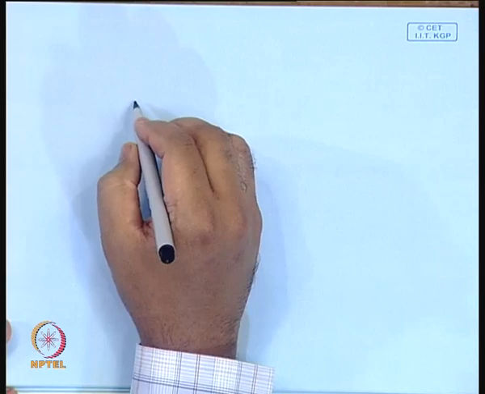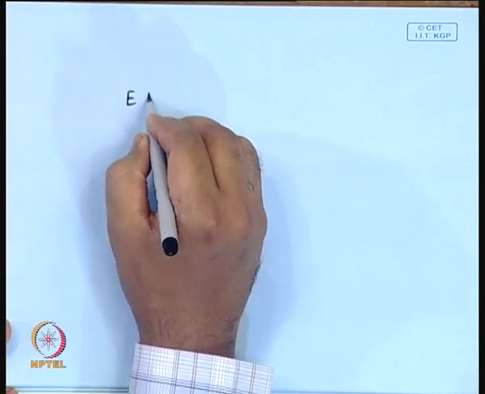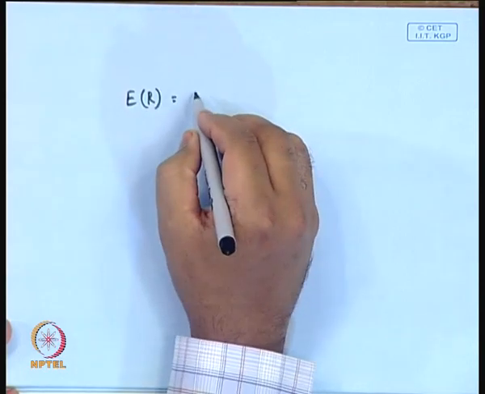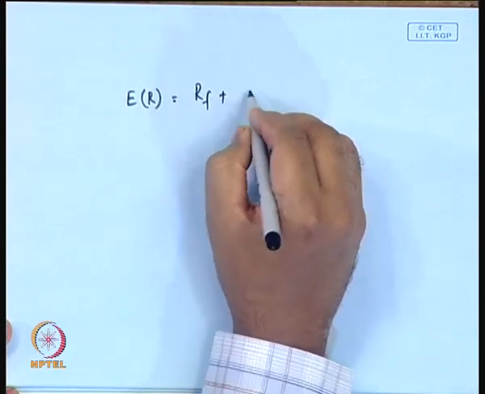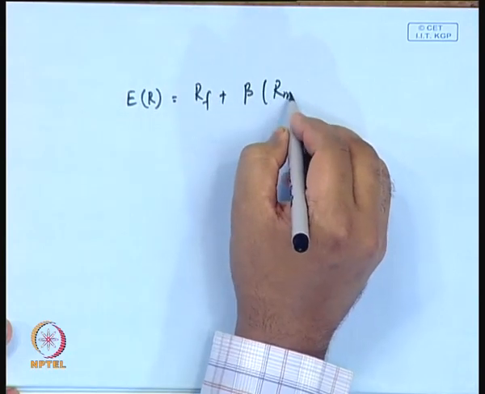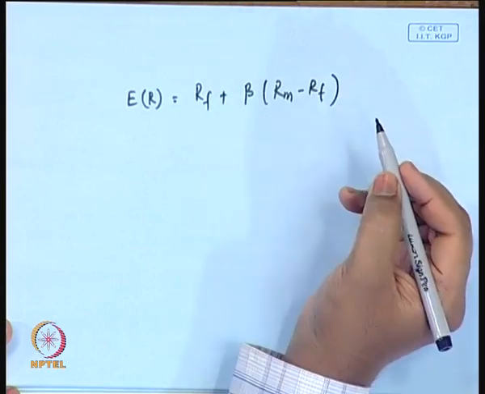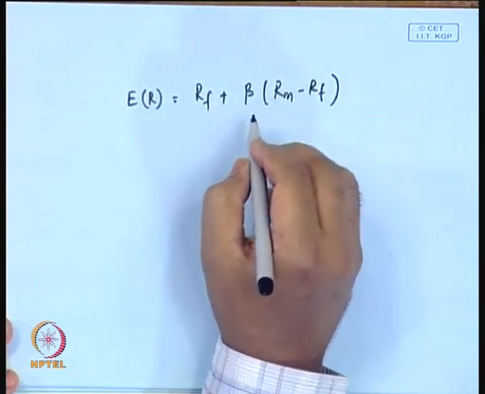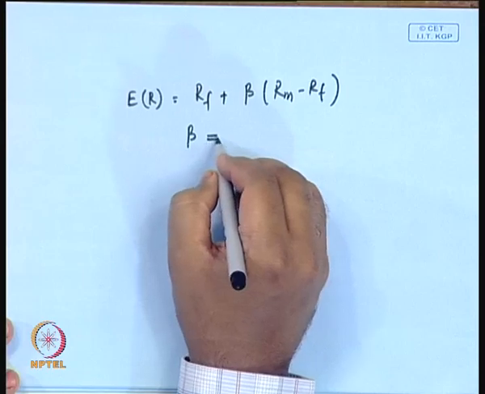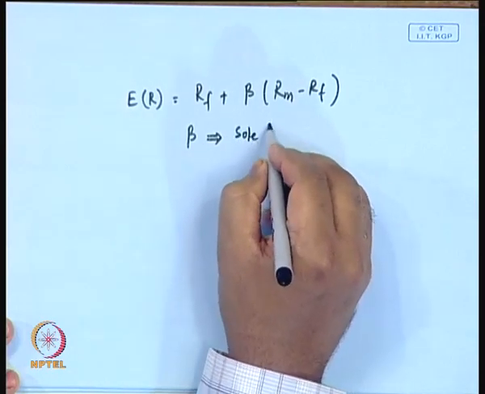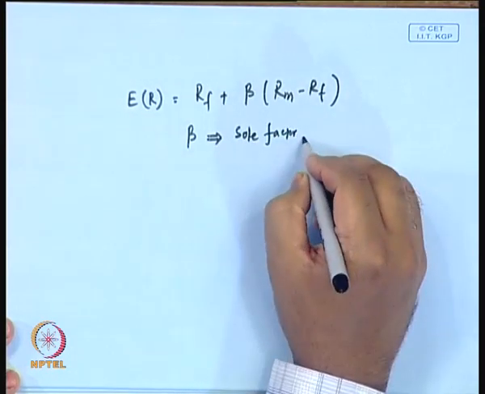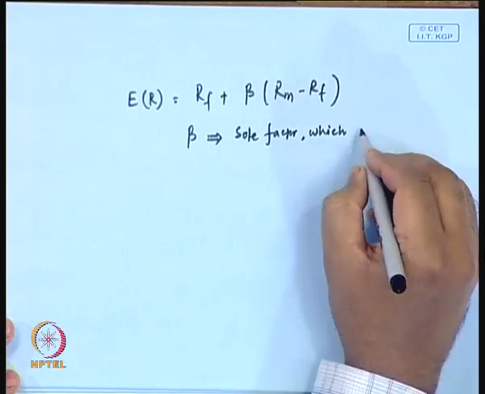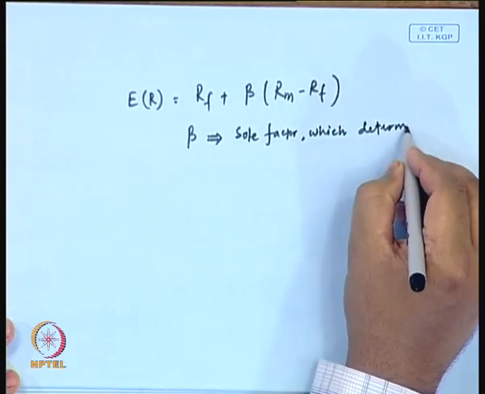For example, in the previous class we saw that the expected return of a stock is equal to Rf plus beta into (Rm minus Rf). So the whole theory was referring to beta as the sole factor which determines the expected return of the stock.